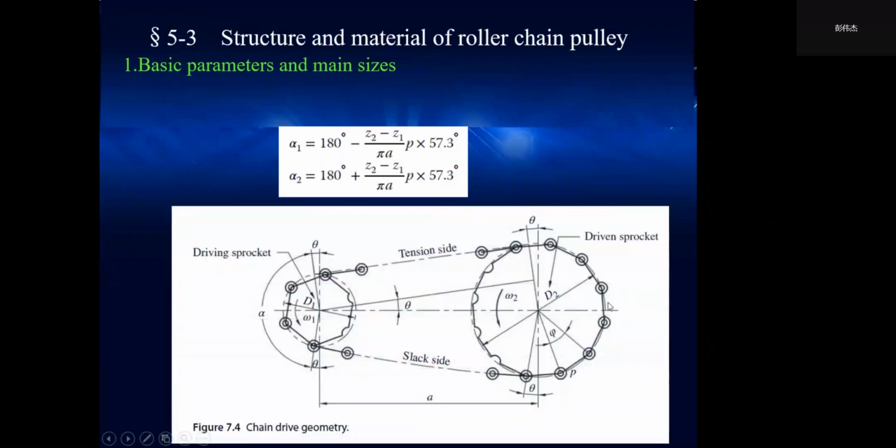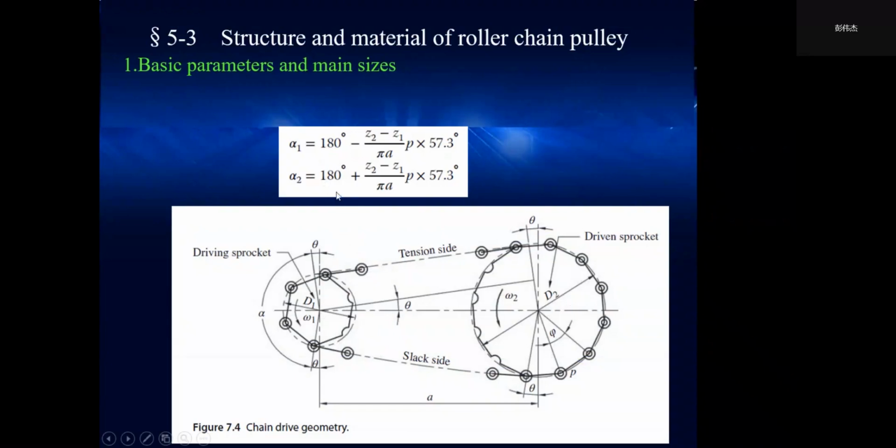And in a chain drive, we can obtain the contact angle, which reflects the number of sprocket teeth engaged in carrying the load. The calculation of the contact angle on a sprocket is similar to that of a belt drive.